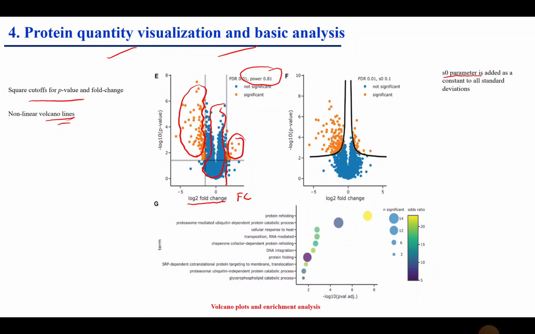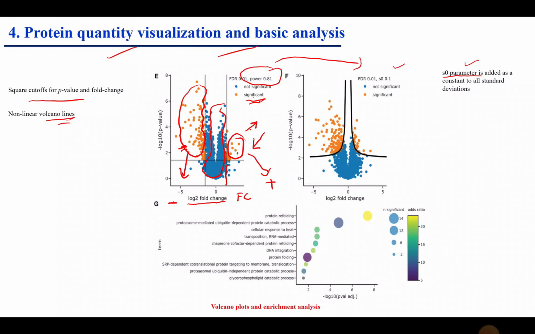If you want to find the significant proteins, you can look at them positively and negatively, because here the FC value is negative and here the FC value is positive. So these are the significantly positively differentially expressed proteins and these are the significantly negatively differentially expressed proteins. We can also apply this S0 parameter, which is another form similar to these power statistics.